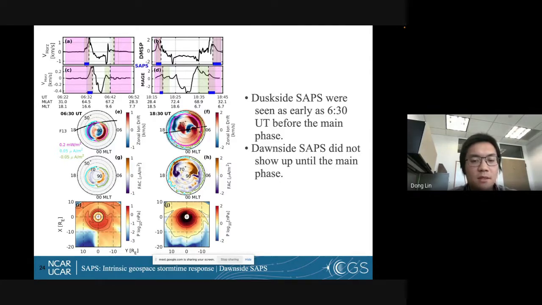So basically that means from relatively quiet times to storm time, together with the auroral expansion, this magenta line, the field-aligned current boundary also expanded equatorward.